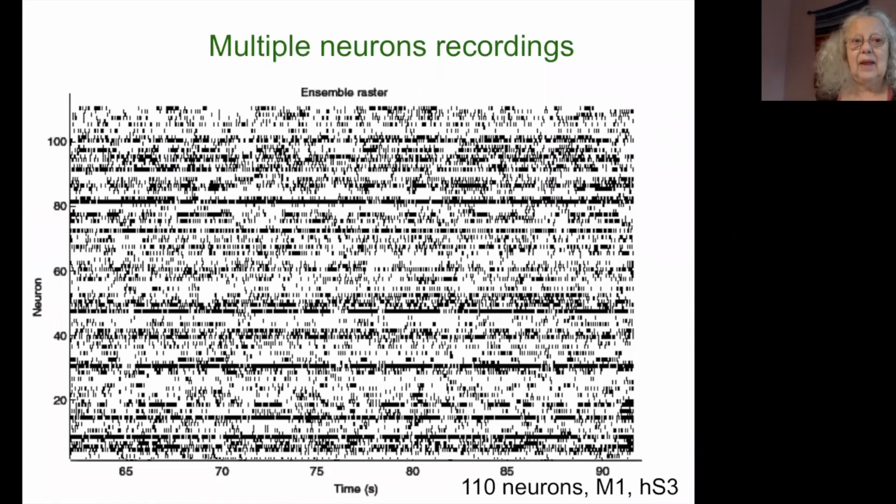I'm showing you this slide because it is of very important historical importance. This was taken by the group of John Donoghue at Brown, and this is 110 neurons, M1, primary motor cortex, human subject 3.